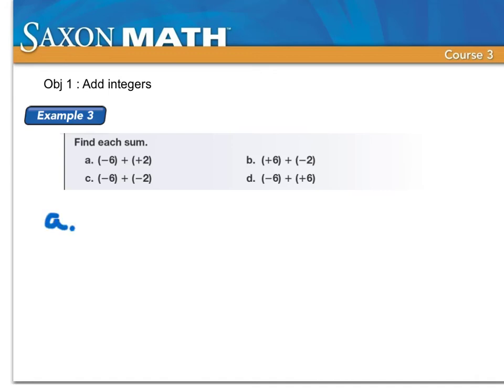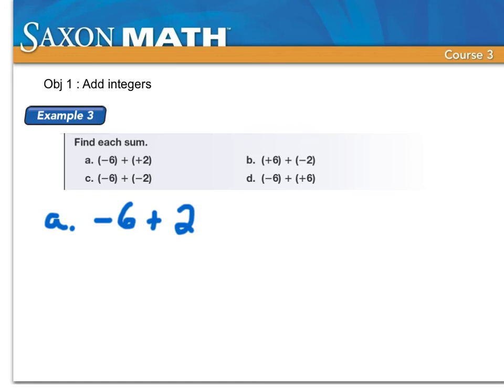Here's A. First thing I'm going to do is rewrite the problem. -6 plus +2. When I rewrite this, I really don't need to put the plus sign in here. I know this is positive because there's no negative in front of it. So first thing is we need to pick, are we going to subtract the numbers or add the numbers? So I look for the signs. I've got different signs. One's negative, one's positive. Different signs means I find the difference.